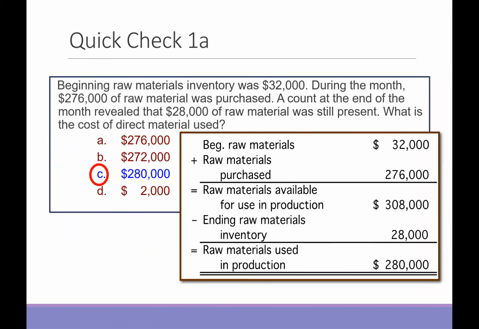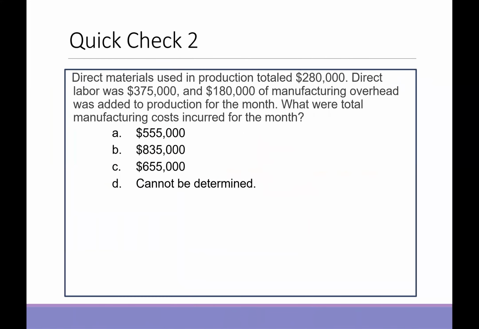You go. Awesome. What we began with, plus our purchases, is what's available. Less our ending inventory is what we know got transferred into production. How about this one? Materials used in production totaled 280,000.